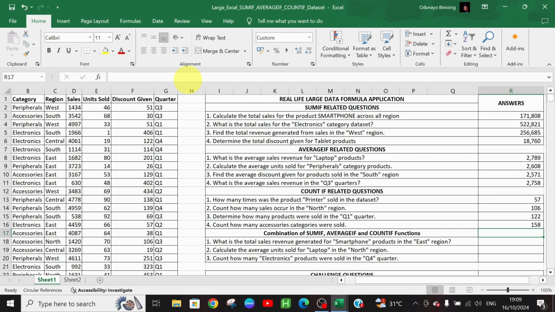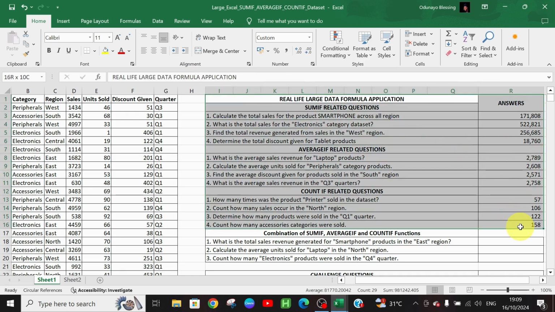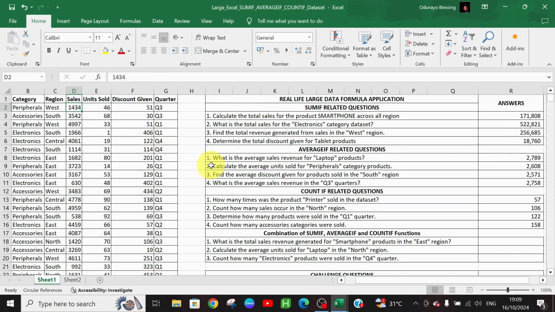Now, one of the ways you appreciate this is that if this is an Excel file that is already in the database with the boss in the office, and each time there is sales, or let's assume that this changes from this to 1000 or 1034, you realize that there was a difference here, this peripheral, because it immediately gives us a figure there.